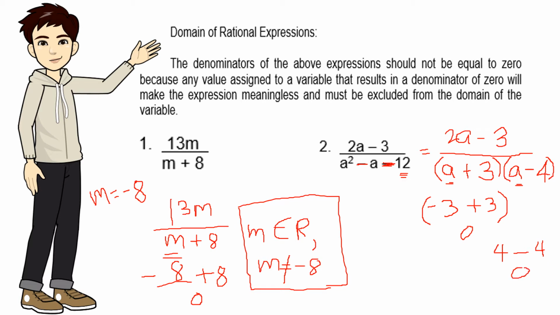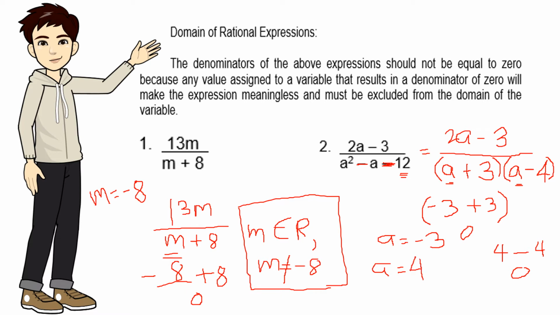If this 0 is to be multiplied with the value of a plus 3, 0 pa din yung magiging denominator natin. So we come up with a equals negative 3 as the first value of a, and the second value of a is positive 4.